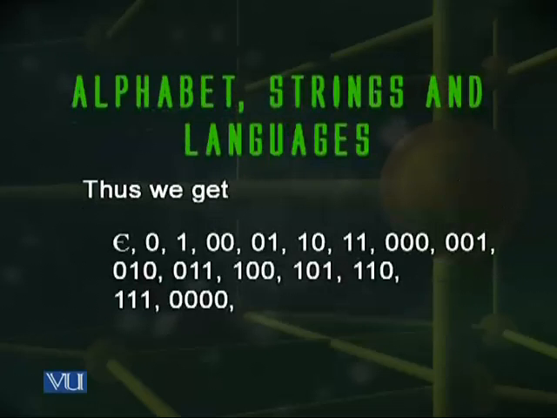Thus, the lexicographical ordering of 0, 1 star is the empty string, 0, 1, 0 0, 0 1, 1 0, 1 1, 0 0 0, 0 0 1, and so on.